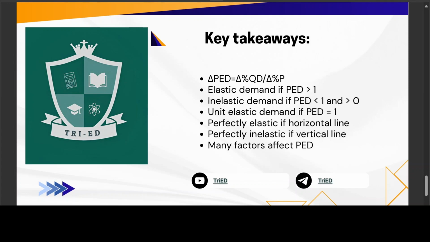Unit elastic demand will always have PED equal to 1, while perfectly elastic demand will be a horizontal line on the price and quantity demanded graph, and perfectly inelastic demand will be a vertical line. And as we talked about before, there are many factors that can affect PED and its value.